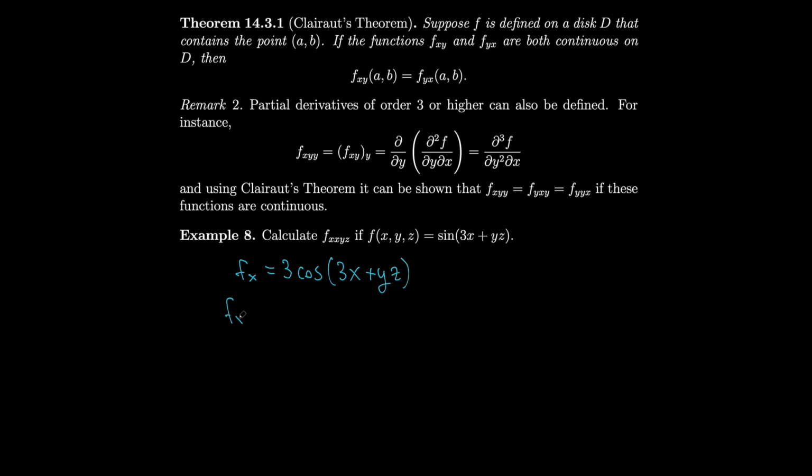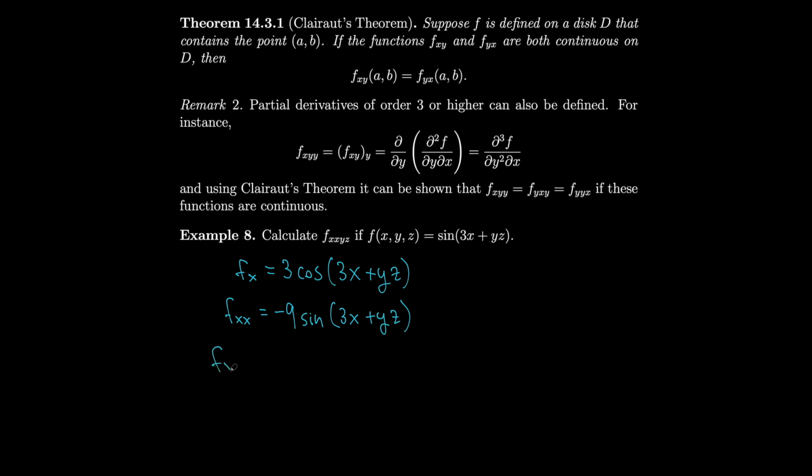Okay, what if we want to take another partial with respect to x of that? Again, this is constant, so we'll just pull out the 3. And we'll take the derivative of cosine, which is minus sine, so we get minus 9 times the sine of 3x plus yz.